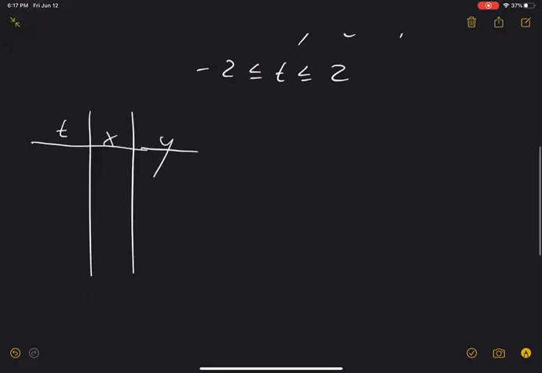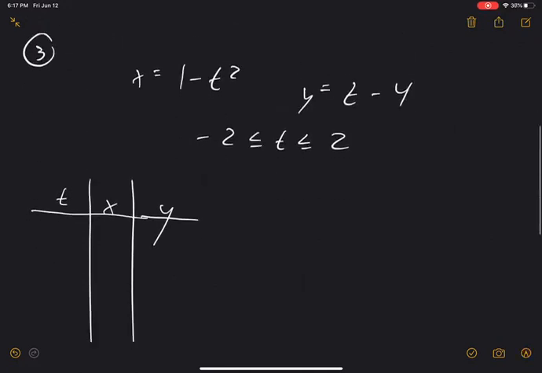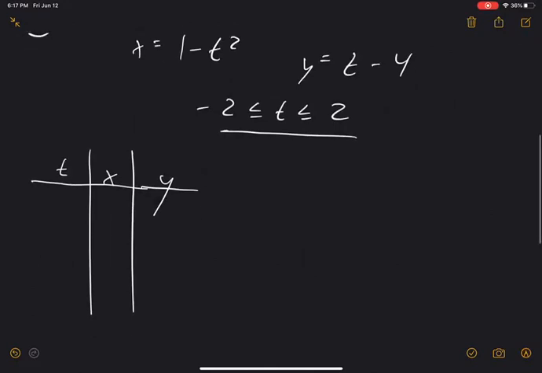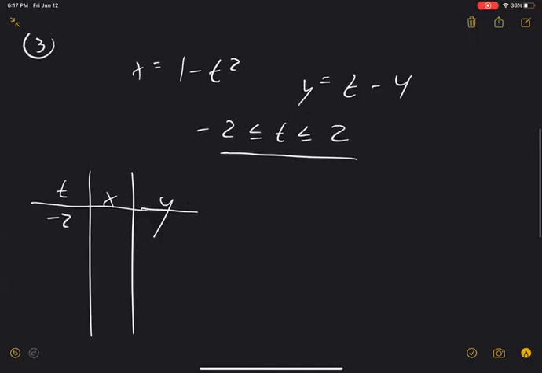Just like in the lecture video, I pick a bunch of t values in this range between -2 and +2. Let's start with -2. When I plug it into my equation for x, I get 1 minus 4, -3. When I plug it into my equation for y, I get -6. Then let's do -1: I get 0 and -5.